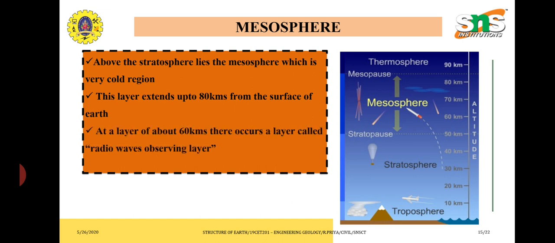It is also known as the radio wave absorbing layer. In this layer all the radio waves get absorbed, and it is characterized by a steep fall in temperature. While the height is increasing, there is a sudden fall in temperature. The temperature goes beyond minus 100 degrees Celsius.